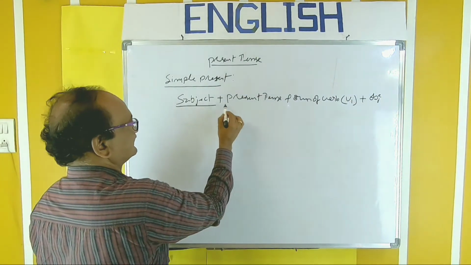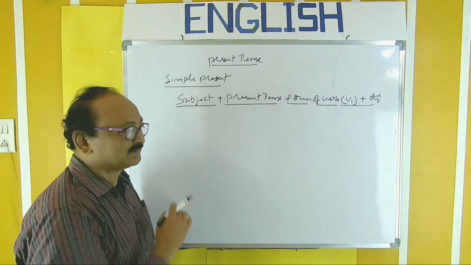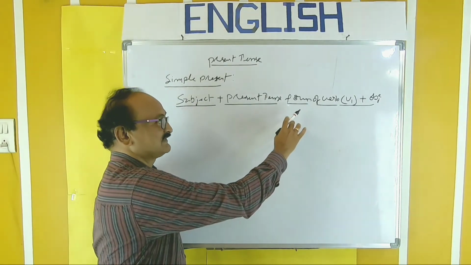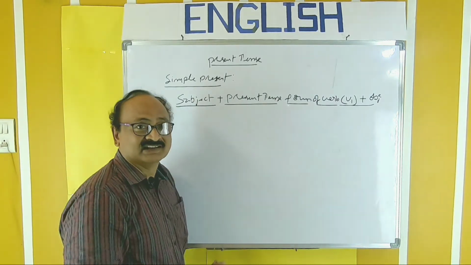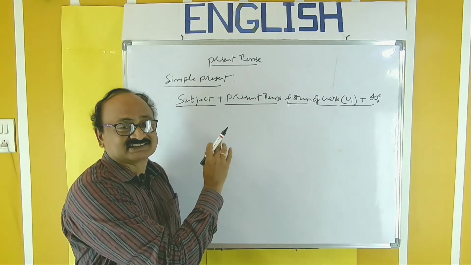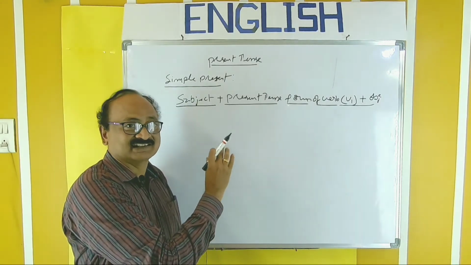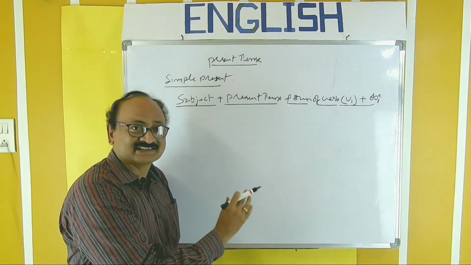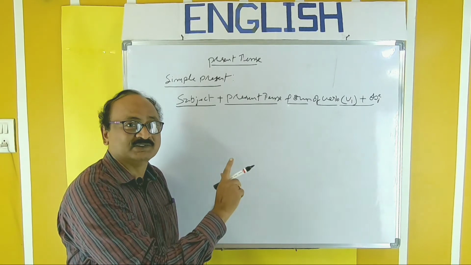So this is the structure or construction of simple present. Look once again: subject plus present tense form of verb plus object. That present tense form is nothing but V1. In this simple present, you have to use only V1, that is write, see, watch, eat, drink and so on. You can take any verb but only the first form of verb.